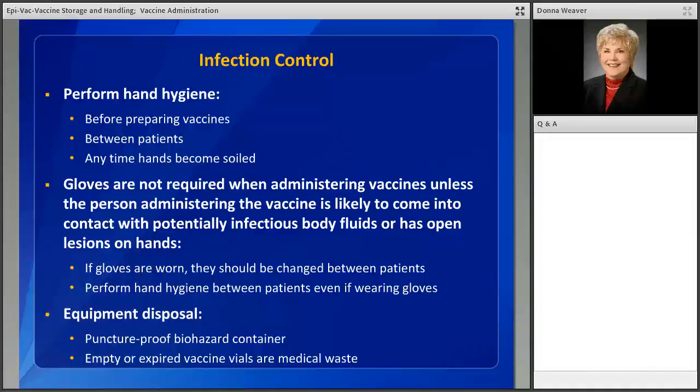If gloves are worn, they should be changed and hands washed between patients. And of course, puncture-proof biohazard containers should be used for discarding injection supplies. Now, as discussed earlier, check with your state immunization program or environmental agency about proper disposal of vaccine vials.